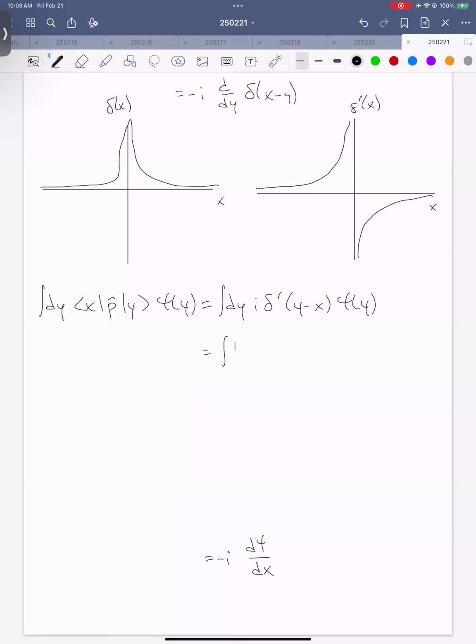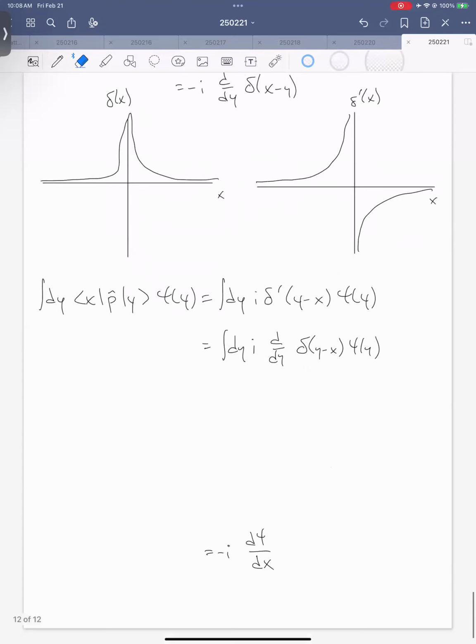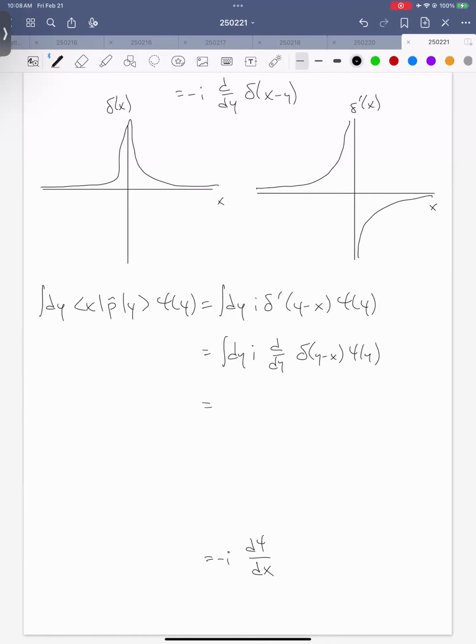So this is equal to the integral dy i d by dy delta y minus x psi of y. Now I don't know what to do with the derivative of a Dirac delta function. I only know what to do with the Dirac delta function, so I integrate by parts. Then dropping the boundary term, because the delta at infinity is 0, this is minus i integral dy delta y minus x d psi dy. And great, that's exactly what I promised it would be when I collapse the delta function.